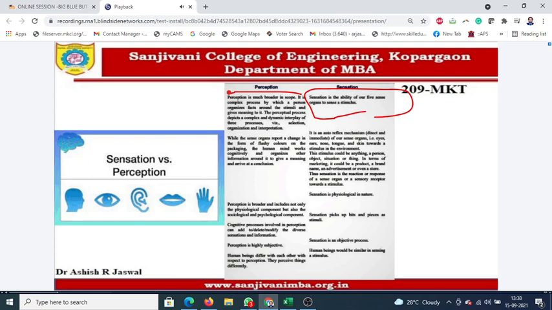This means the perception process depicts a complex and dynamic interplay of three processes. What are those three processes? Selection, organization, and interpretation. The person selects a stimulus and interprets the input received from the sense organ so as to give meaning to the stimulus.